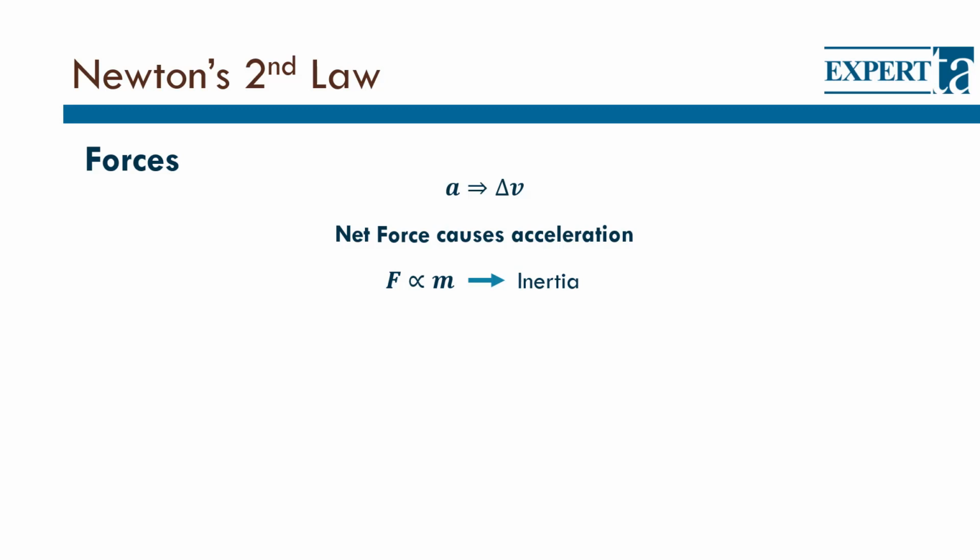So the greater the mass, the greater the resistance to motion, and the more force you would require to make that object accelerate at the same rate as an object with lesser mass.